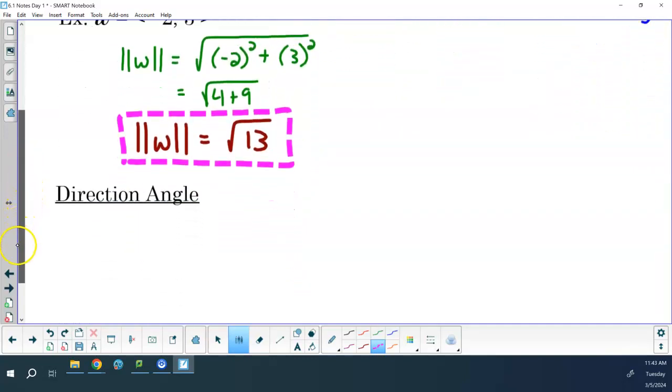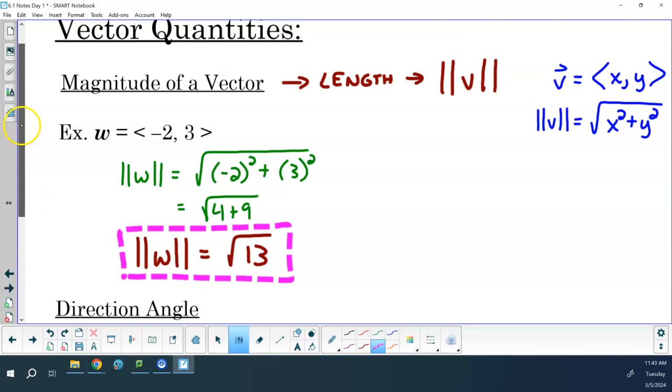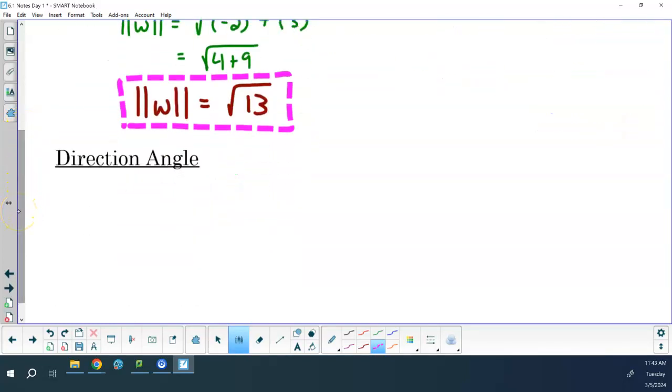The direction angle of a vector is once again our trig angle, or our math angle, if you will.